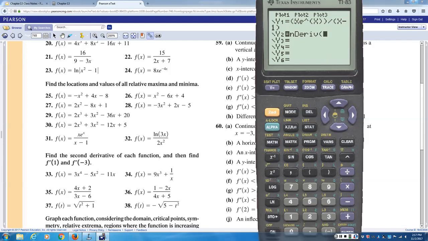And the quickest way to do that, since we've already typed it in, is to say second vars, I'm sorry, not second vars, just vars, over to y vars, choose function, and choose y1, and put in x, comma, x. So we have the function, but we're not looking at the graph of the function. We have the derivative of the function in y2.